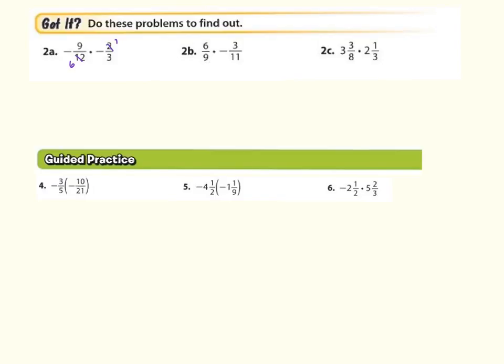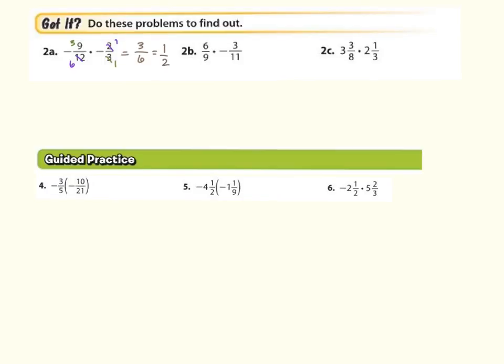So 3 divided by 3 is 1, 9 divided by 3 is 3. So now these are the numbers that I'm going to multiply. Negative 3 times negative 1 gives a positive 3, and then 6 times 1. And then we can even further simplify to 1/2.